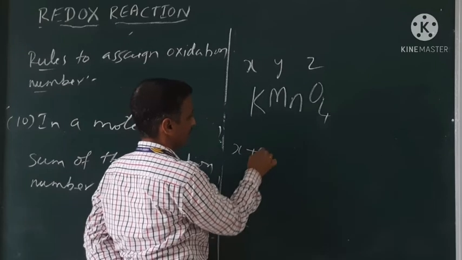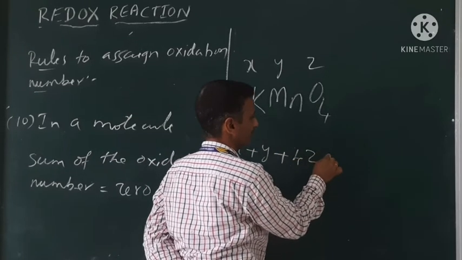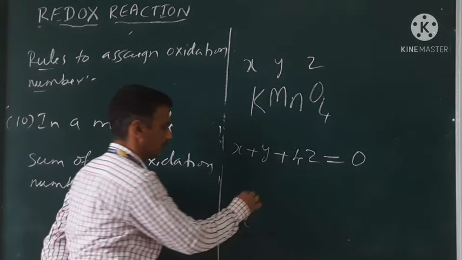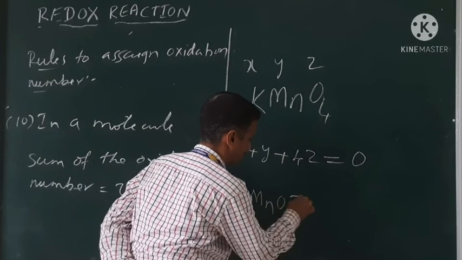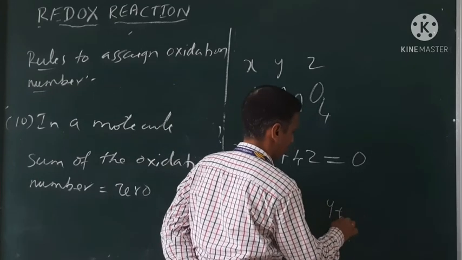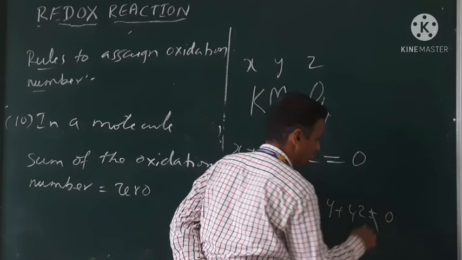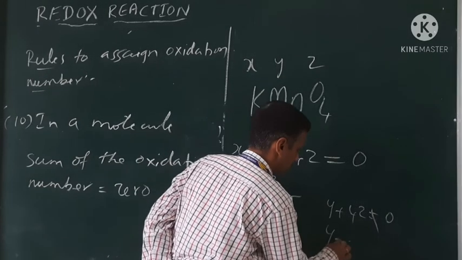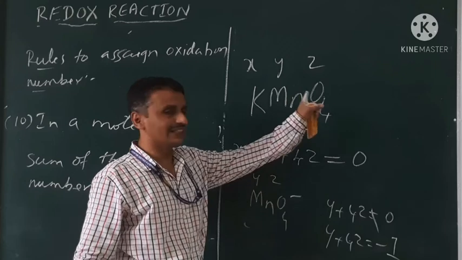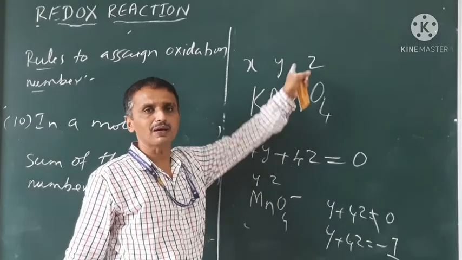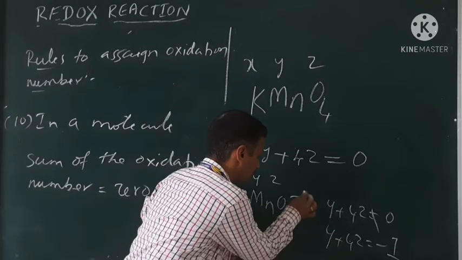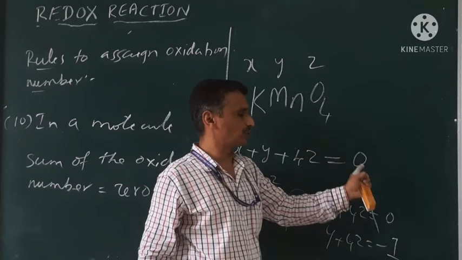So X plus Y plus 4Z should be equal to 0. In the MnO4 minus ion, this is Y and Z you see. Then Y plus 4Z is not equal to 0. Y plus 4Z is equal to -1. Because this is an ion, this is a molecule. Potassium permanganate molecule, this is a permanganate ion. In the ion, sum should be equal to charge. In the molecule, sum should be equal to 0.